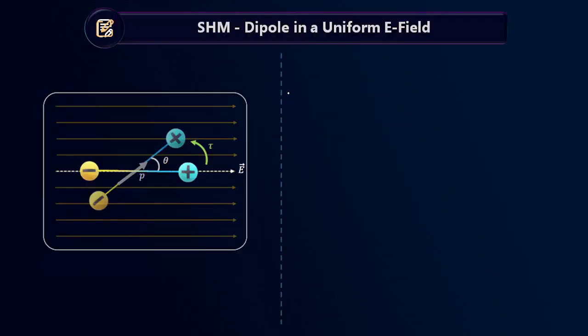Let us see. We know that the torque on the dipole is equal to P cross E. Its magnitude will be PE sine theta. Yes or no? So we have torque equal to PE sine theta.